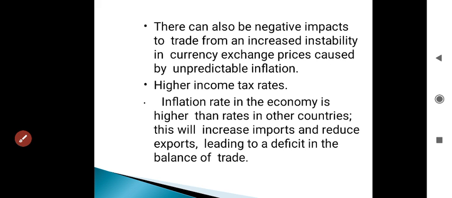There can also be negative impacts to trade from increased instability in currency exchange prices caused by unpredictable inflation. Higher income tax rates. If the inflation rate in the economy is higher than rates in other countries, this will increase imports and reduce exports, leading to a deficit in the balance of trade.